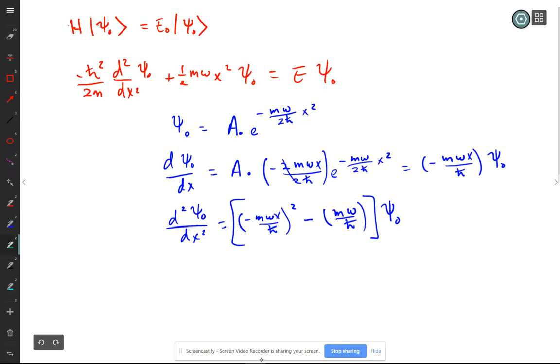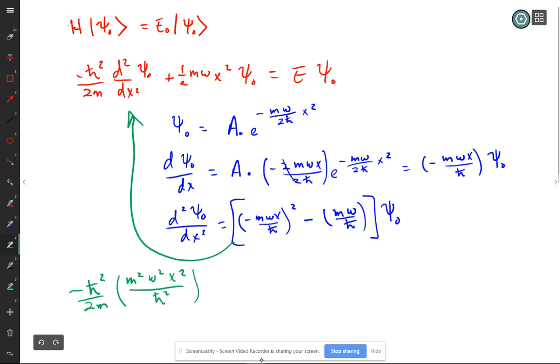So now I'm going to put this into there. So I have minus h bar squared over 2m times, notice I have a square of a negative, so it's going to be positive, m squared omega squared x squared over h bar squared, minus h bar squared over 2m, and this one is going to keep the negative, minus m omega over h bar.